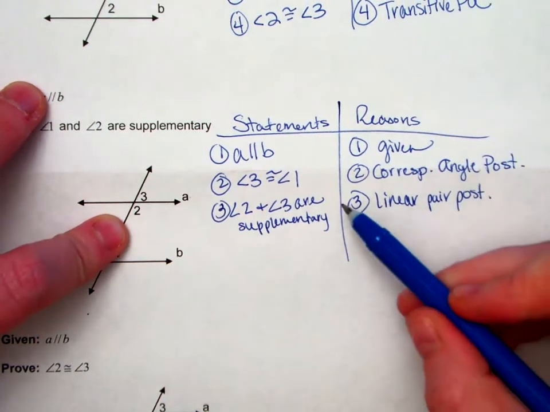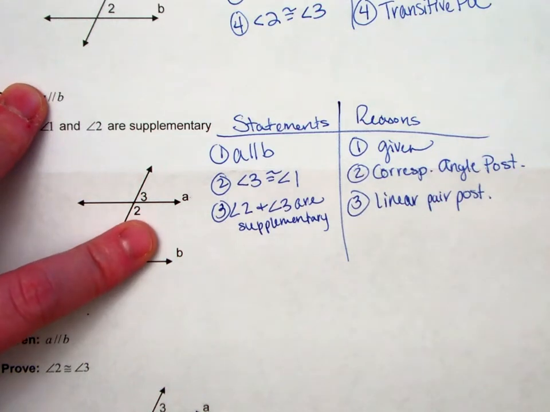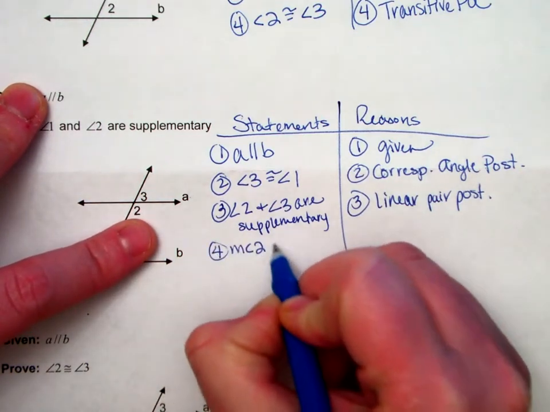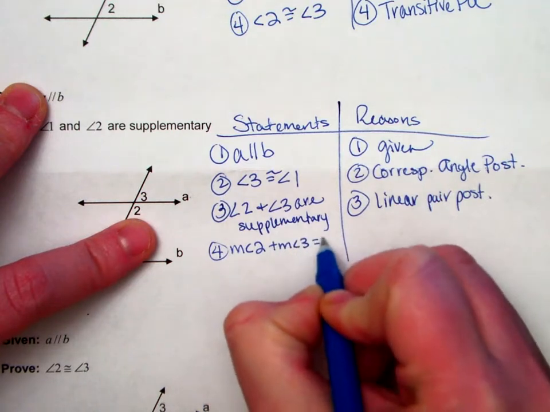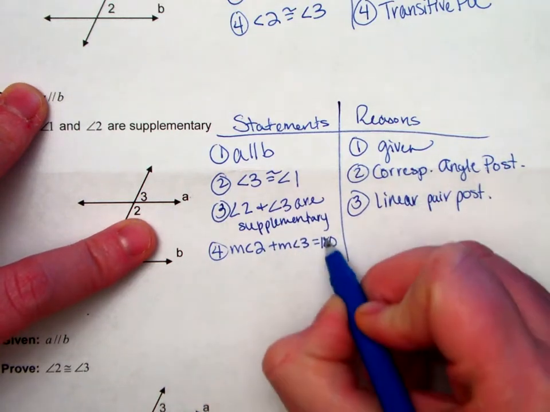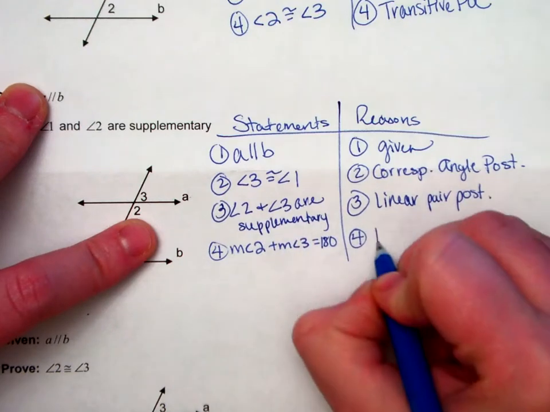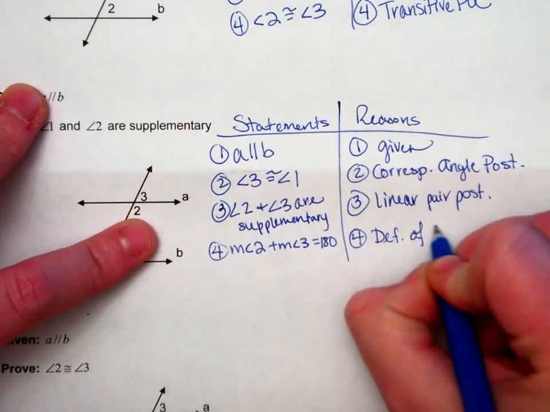Since we say they're supplementary, that just says that they're supplementary, so we'd have to use measures. So step 4, measure of angle 2 plus measure of angle 3 equals 180 degrees. That's using the word supplementary from above, so that's definition of supplementary.